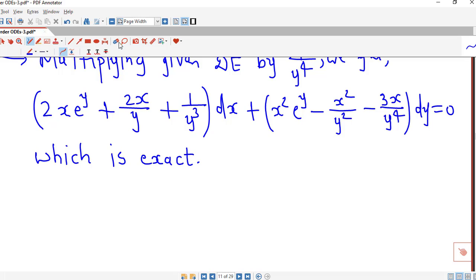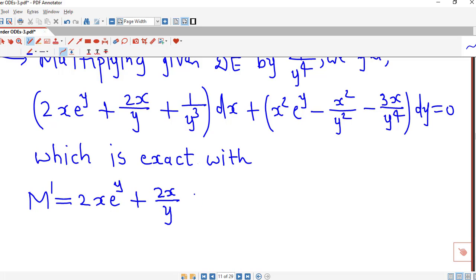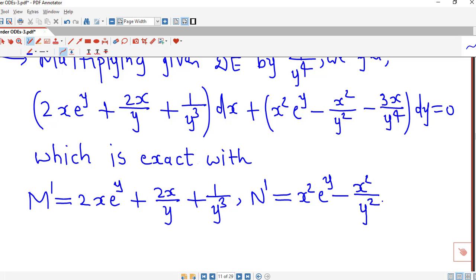So we write down the coefficient of dx and the coefficient of dy. The coefficient of dx we denote by M dash, which is 2x e raised to y plus 2x over y plus 1 over y cube, and the coefficient of dy we denote by N dash, so it is x square e raised to y minus x square over y square minus 3x over y raised to 4.